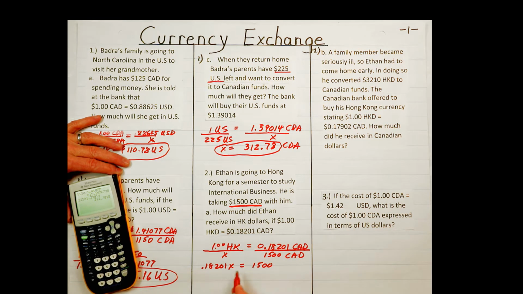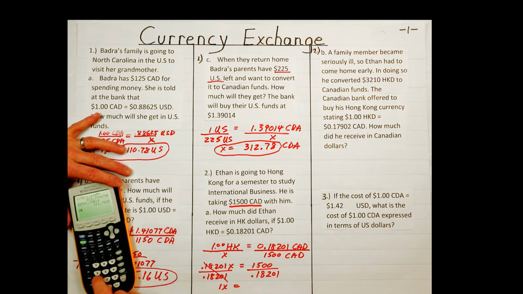And we have to divide by decimal 18201. And when we divide here, we just get X, or 1X. And we just divide to get our answer. So 1,500 divided by decimal 18201.